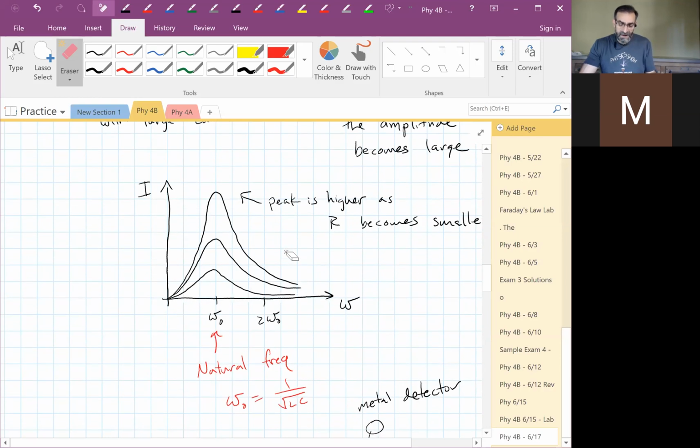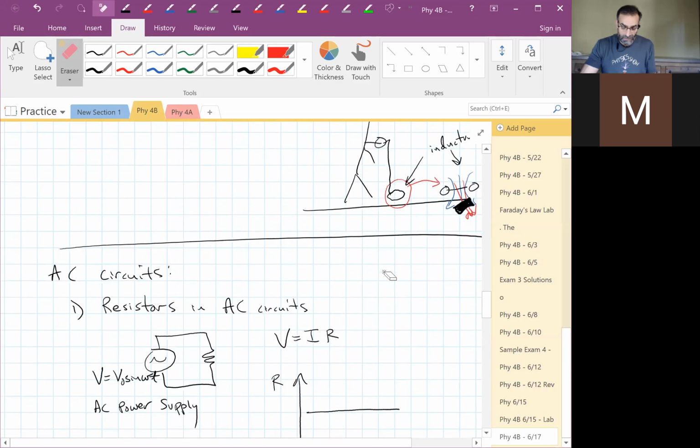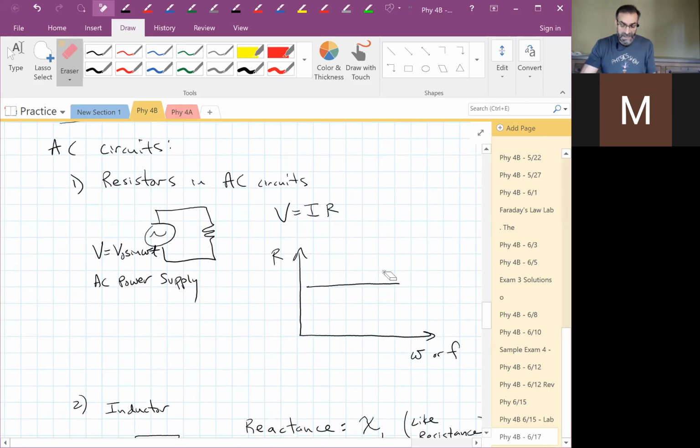And there are some interesting applications, like I pointed out. And then understanding how the different components affect the flow of charges at different frequencies. And really the two frequencies we care about are 0 and infinity. Those are the two frequencies we care about.